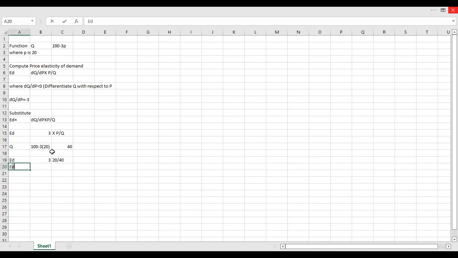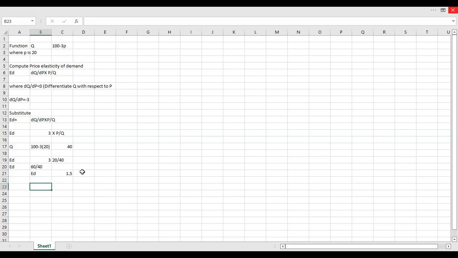So this will be 3 multiplied by 20, that gives us 60, divided by 40. Approximately, this gives us 1.5. So therefore, elasticity of demand will be equal to 1.5.